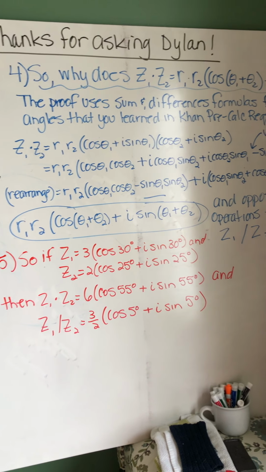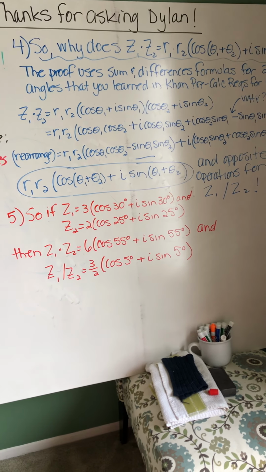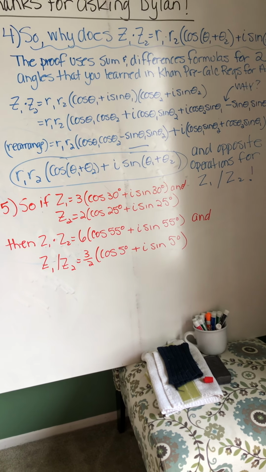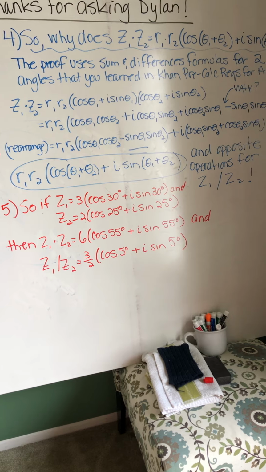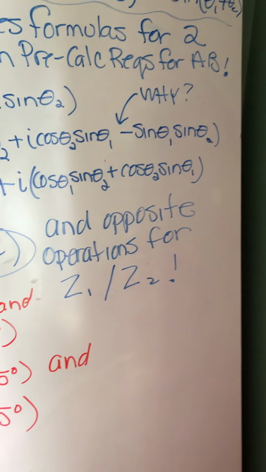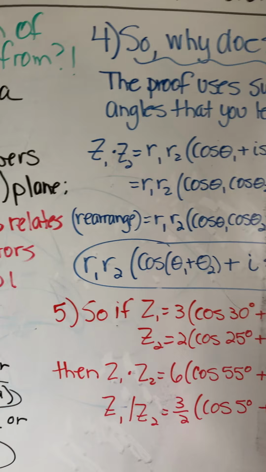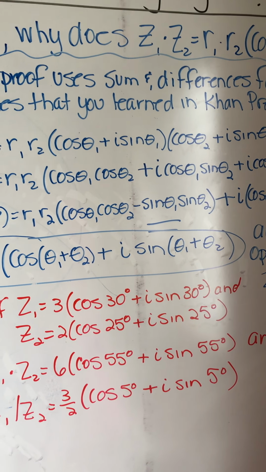And when I did that, I found that I actually had the formulas for the sum of two angles being added for cosine and for sine. And of course, if I had the time in the room to do dividing the complex numbers, we would have seen division of the moduli and subtraction of the angles.